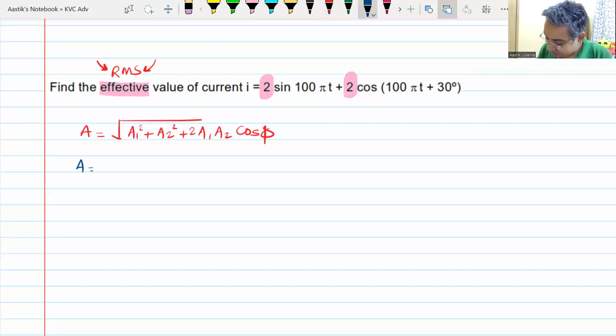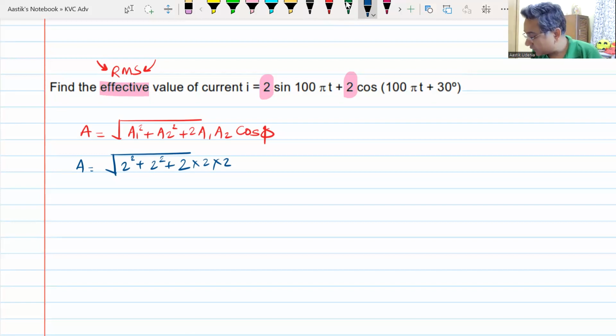What will be the resultant amplitude? It will be equal to under root of 2 square plus 2 square plus 2 times 2 into 2 cos of the angle between the two. Remember, one is a cos wave and another one is a sine wave. So you have to convert the cos wave into a sine wave.